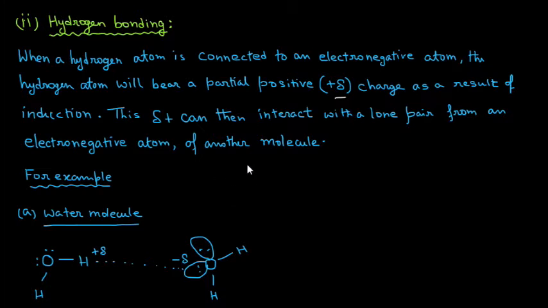So again, repeating: first, there must be a hydrogen atom. Second, it should be connected to an electronegative atom. When a hydrogen atom is connected to an electronegative atom, the hydrogen atom will bear a delta plus charge due to induction.